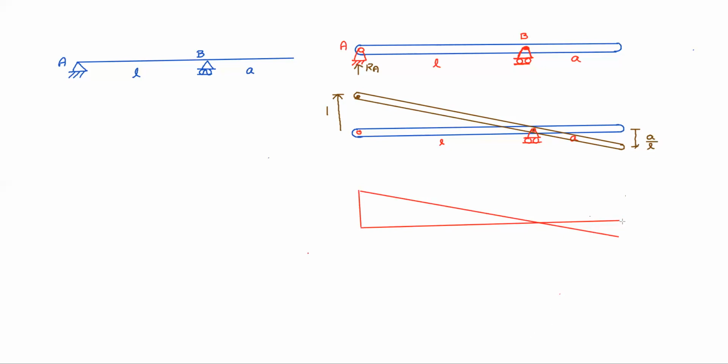Based on that displaced shape, I can draw the ILD very easily. Here 1 unit, here A by L, this is A, this is L, this is positive, this is negative. Okay, this is the ILD for RA. Similarly, I can draw the ILD for RB also.